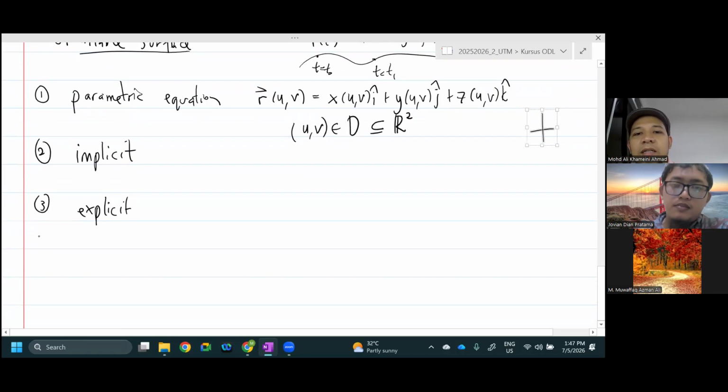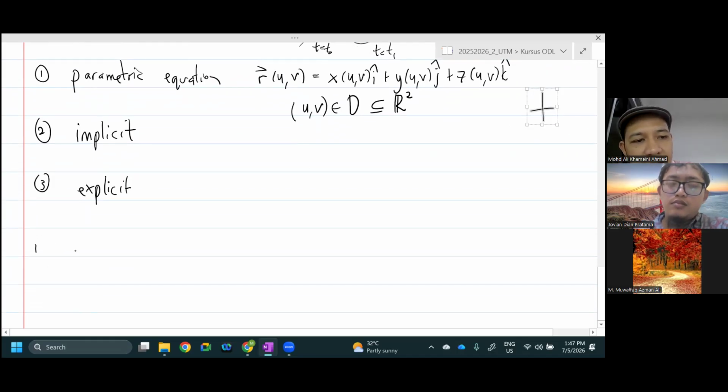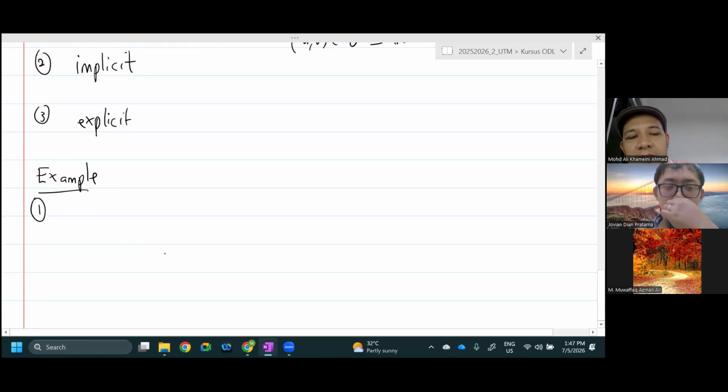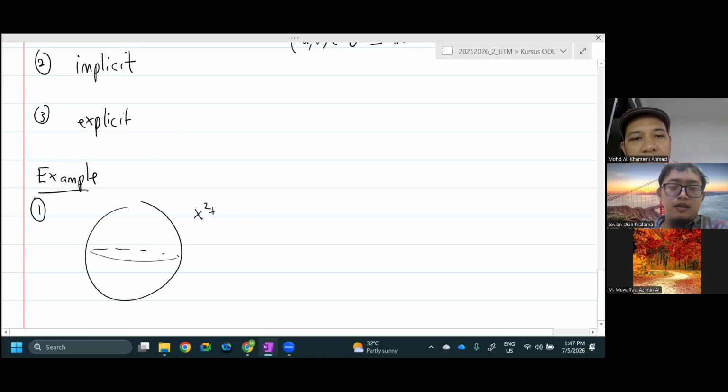So for example, as an example, let me write it here. The first one. Let me try to parameterize a sphere here, center 0, 0, 0, x squared plus y squared plus z squared equal to 1.